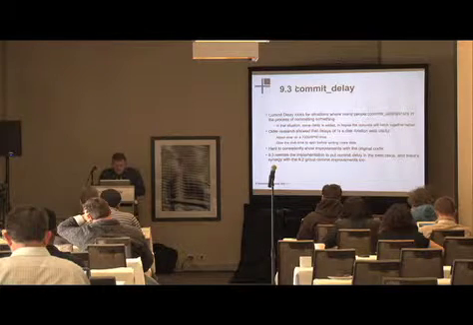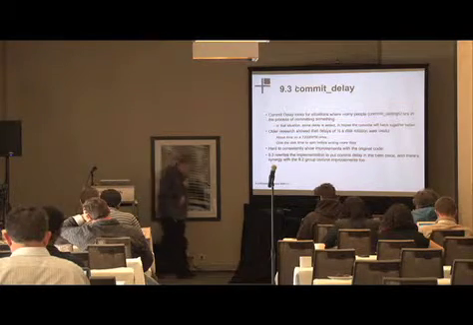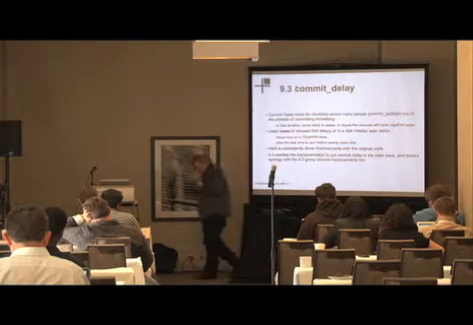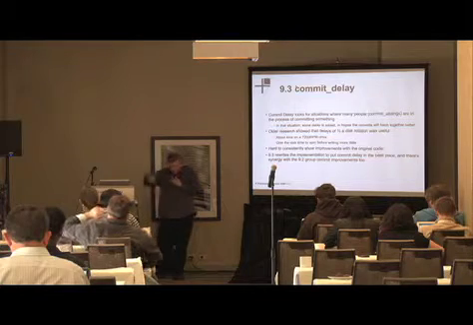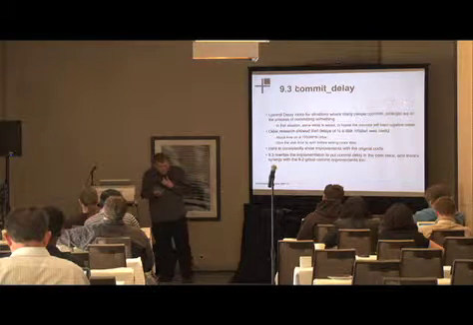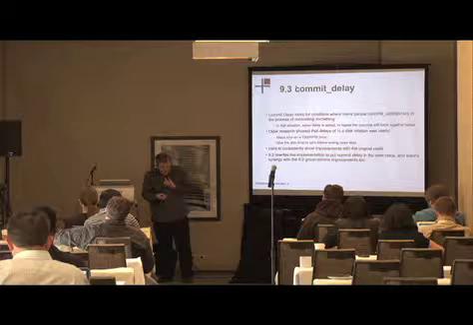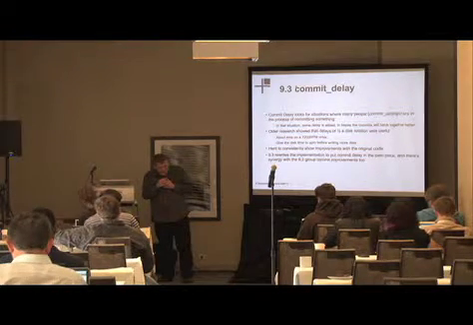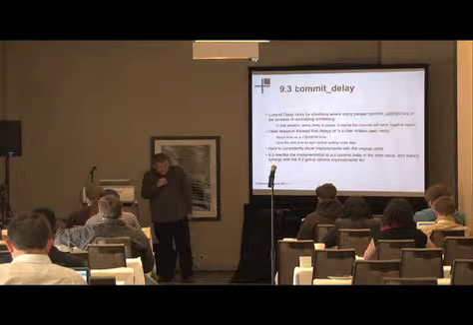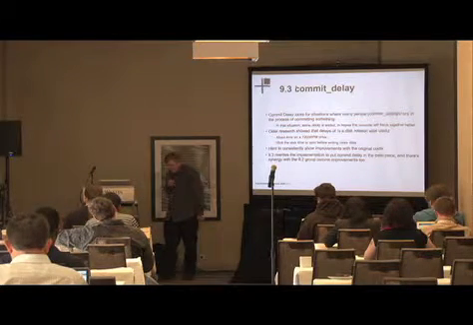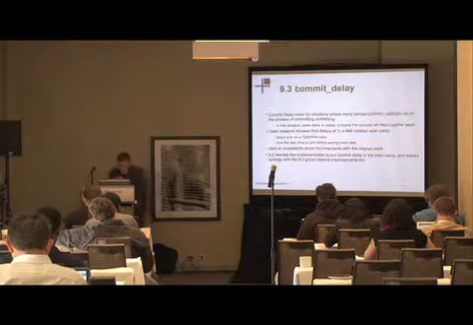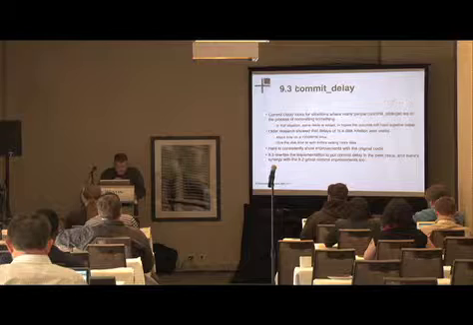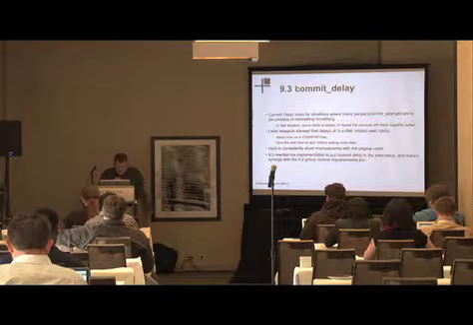This is controlled by the commit siblings parameter, which is an integer value indicating the number of other transactions that have to be occurring for this delay to actually occur in the first place. It was presumed that this was only going to be useful at higher client counts, although there's evidence that it will work quite nicely even with 2 clients. In that situation, some delay is added in the hopes that the commits will batch together.